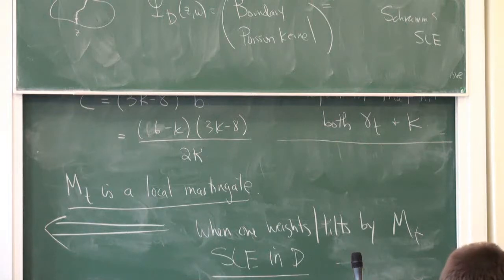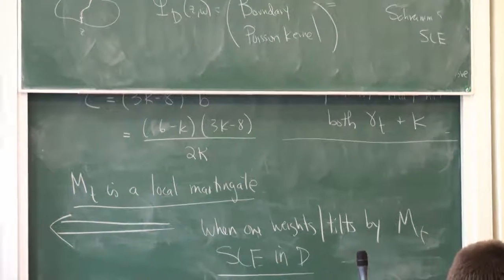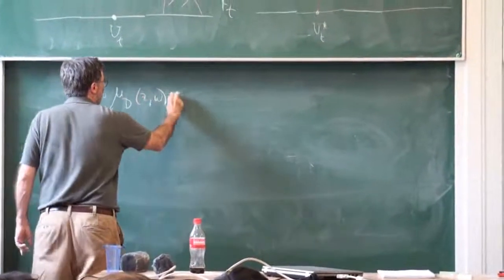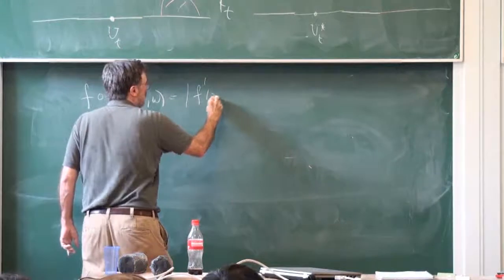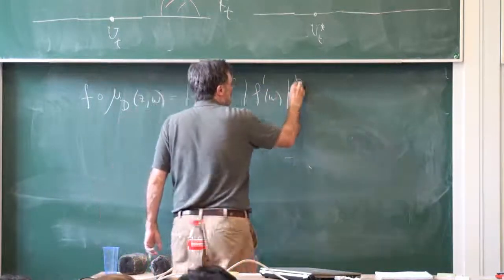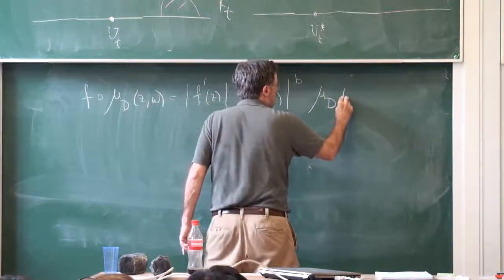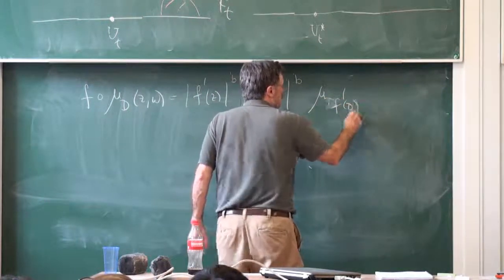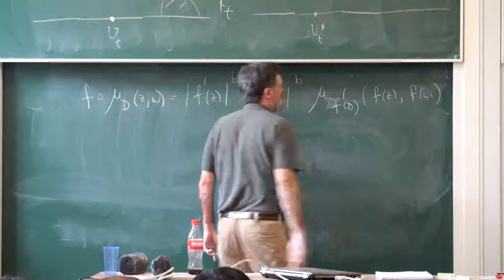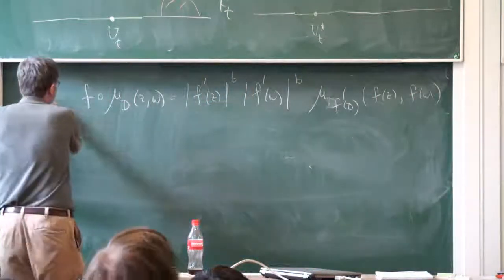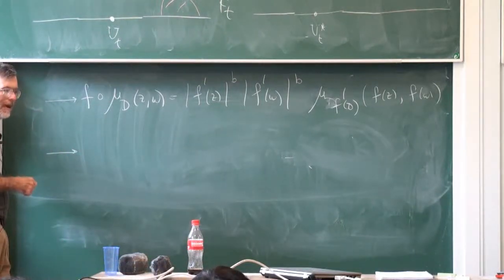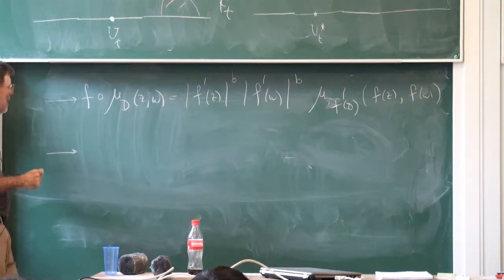And if I define it that way, then I get the properties conformal covariance and what I sometimes call boundary perturbation, or sometimes called generalized restriction.